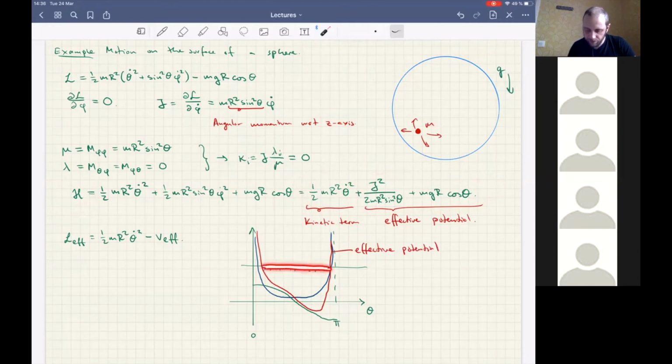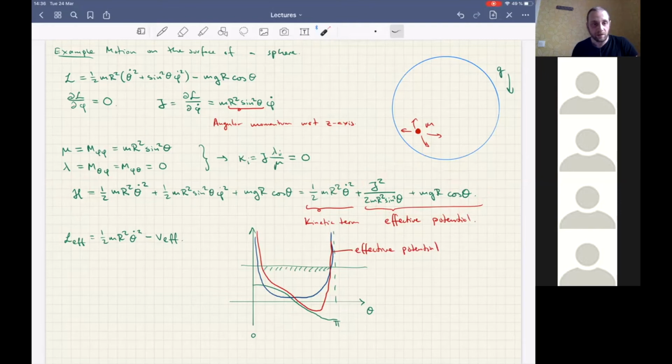Do you mean under it or just along that line? No, I mean just within those values of theta. Oh, okay. So these points are actually called classical turning points. As long as we're doing classical mechanics, at these points theta dot is going to be equal to 0, because this is equal to this, and the only way that can happen is if theta dot is equal to 0.